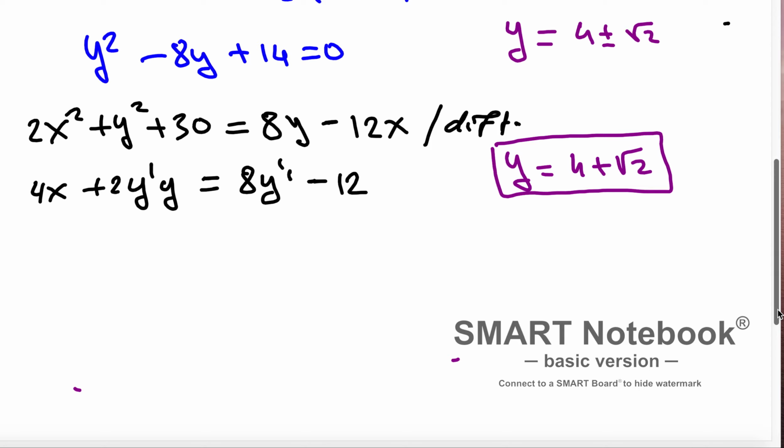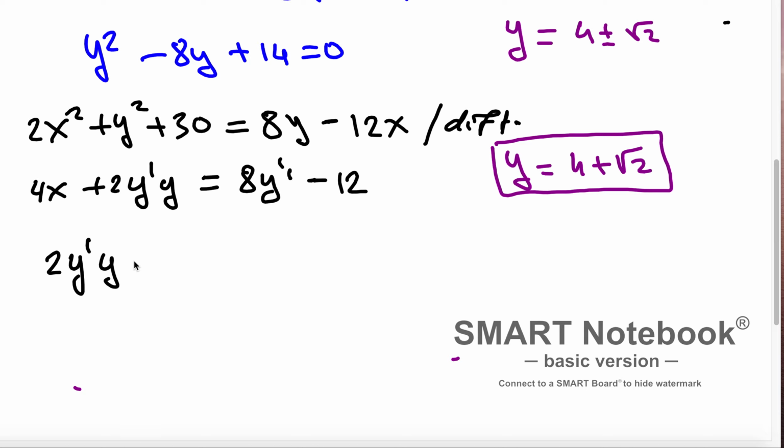Now we want to solve for the derivative y prime. On one side I'm putting x and the constants, and whatever has the derivative I'm putting on the other side. So 2y y prime, and the 8y prime becomes negative 8y prime on the other side, and this 4x goes on the other side.